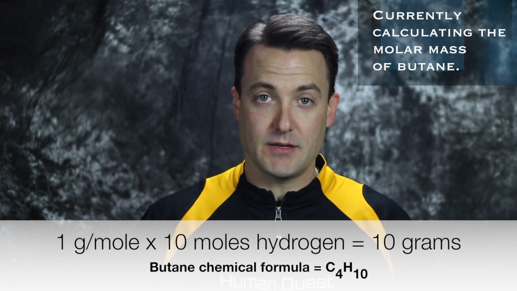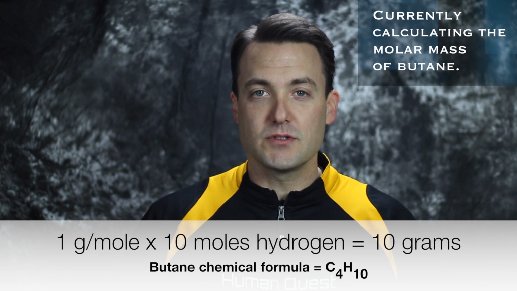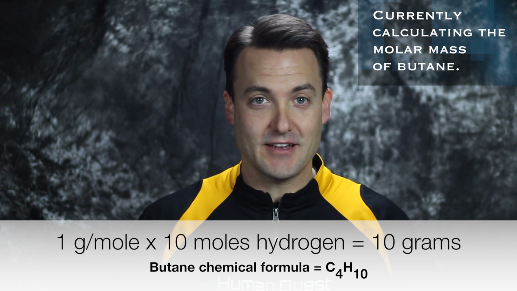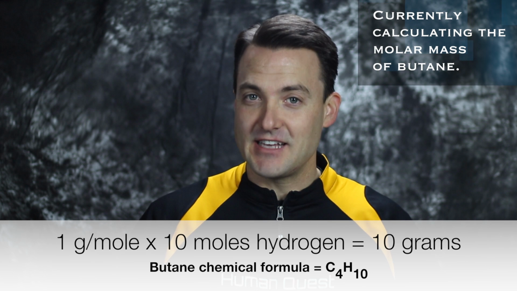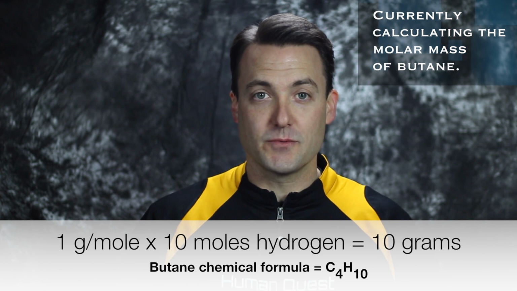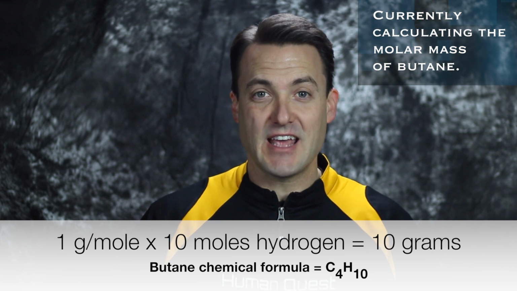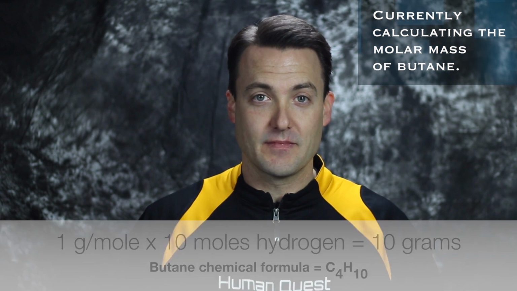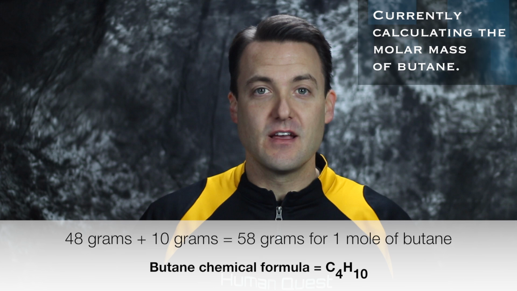My butane also has 10 hydrogens, so I take the mass of hydrogen from the periodic table, 1, and multiply it by 10 hydrogens for a total mass of 10. That means that the 10 hydrogen atoms in the formula for butane contribute 10 grams to the mass of 1 mole of butane. Then I add the two together.